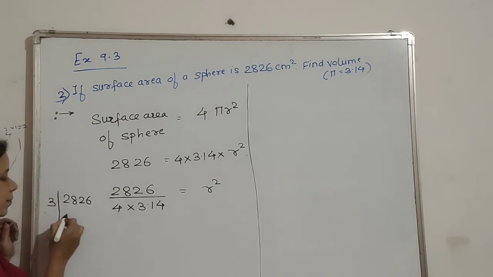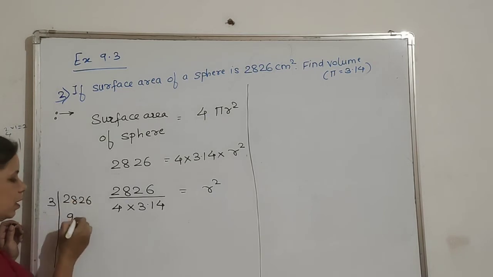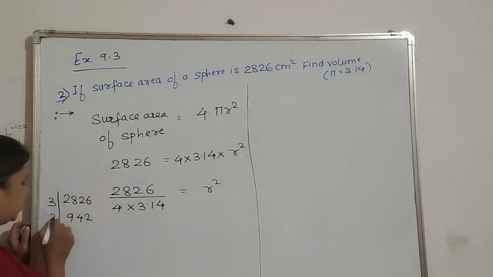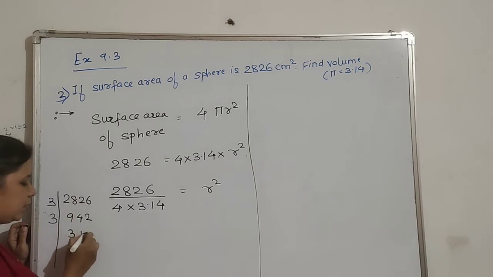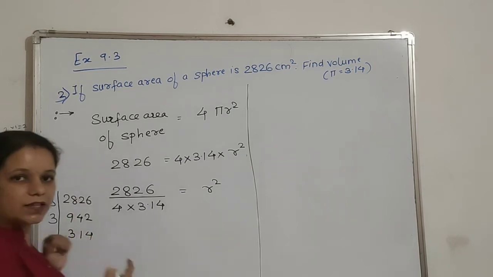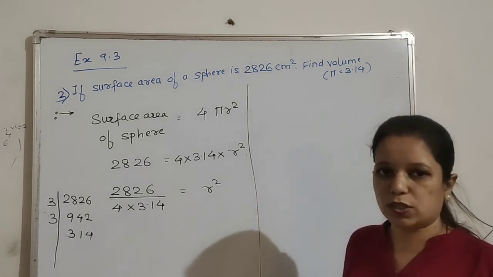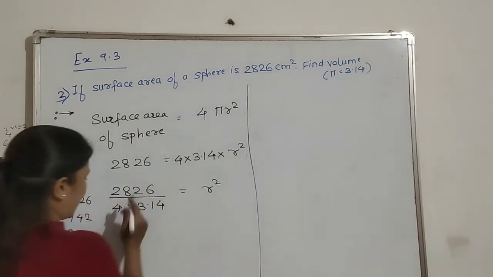So 3 9s are 27, 3 4s are 12, 3 2s are 6. Again 3 3s are 9, 3 1s are 3, 3 4s are 12. So these are the factors for 2826. So I will just factorize it.